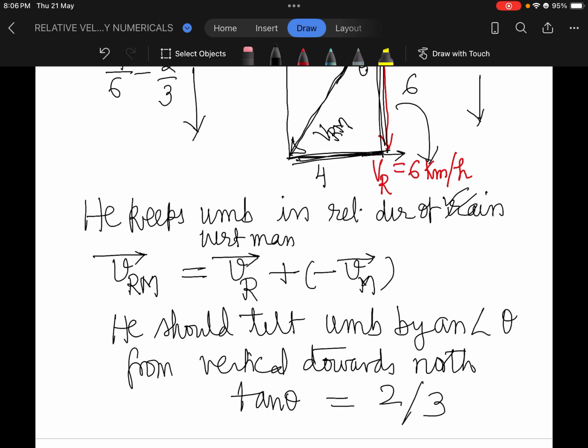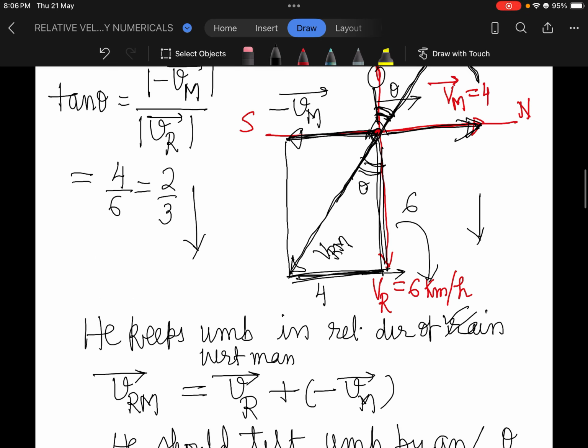It's clear. Now see here, if in the same question it is asked what is the resultant direction, the relative direction of rain, it's clear. So you can see here, the direction of rain, instead of falling in this direction, now appears in this direction.